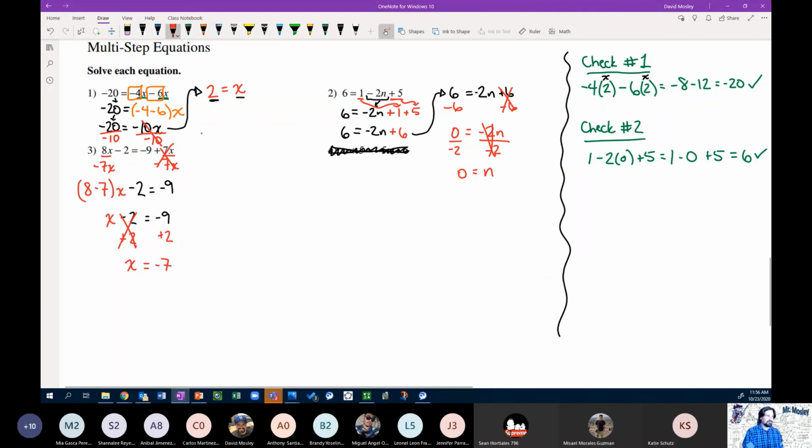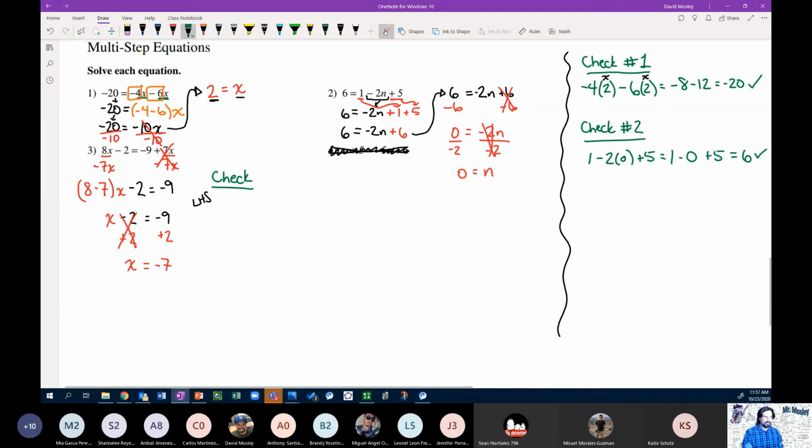Now we need to check. And to check this, we have to check both sides of the equation. So we will start with the left-hand side. And that will be 8x minus 2.